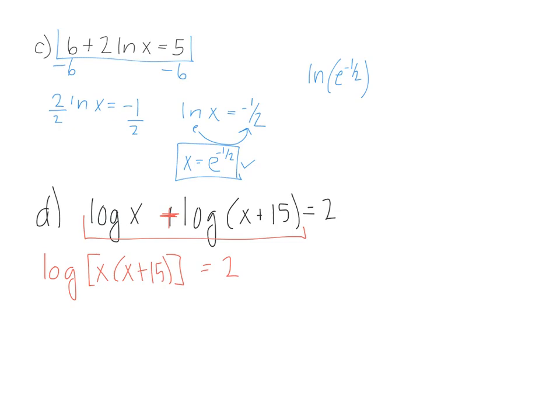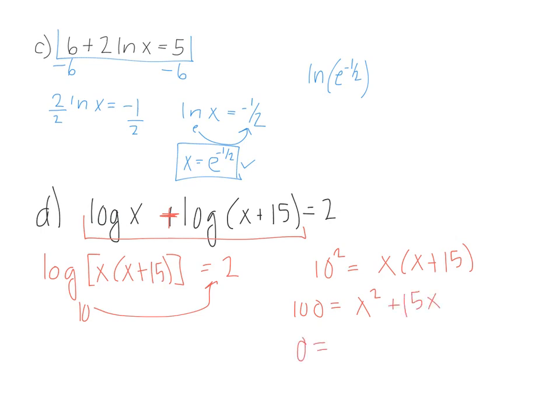So I've got 10 squared equals x times x plus 15. So 100 equals x squared plus 15x. Let's subtract the 100, and we're going to solve this quadratic equation.